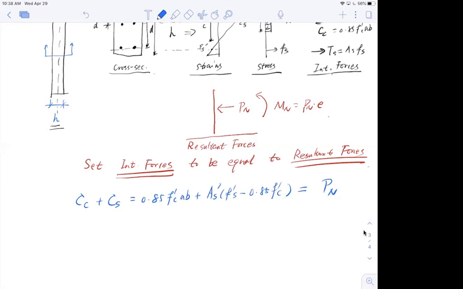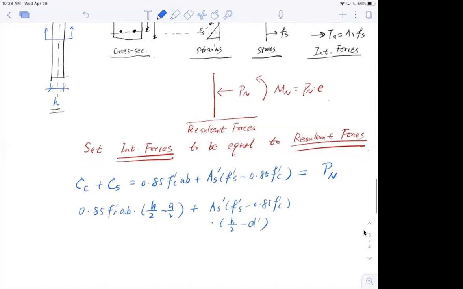Bending moment in this case equals 0.85 f'c ab multiplied by the distance, which is half h minus half a. You've seen this before from the reinforced section. And this is A's bracket inside f's minus 0.85 f'c, then multiplied by a distance, which is half h minus d'.